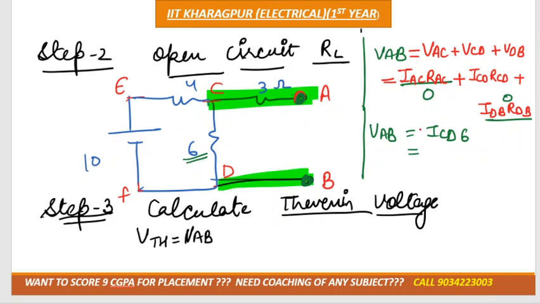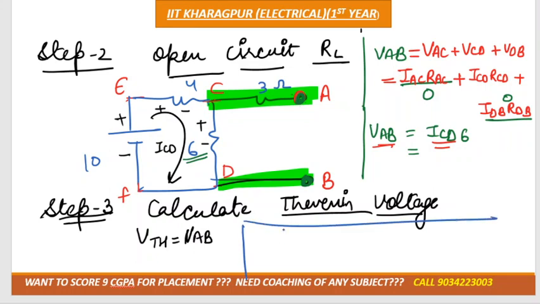So now our focus is to calculate ICD. If we get the value of ICD, then can we get VAB? So how much is ICD? Just imagine you are moving from C to D, so current should also move from C to D. If you are moving from D to C, then current should also move from D to C. Current moves in the same direction in which you are moving. To find the value of current, we can simply apply mesh analysis.